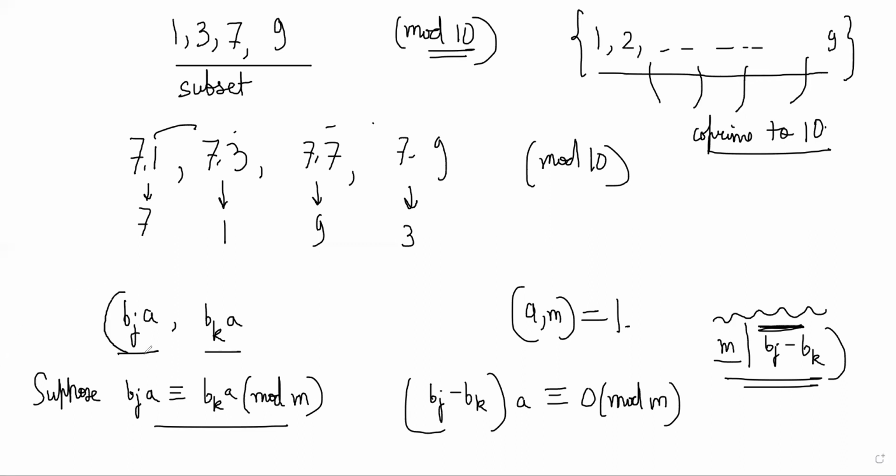We are anyway not putting those. So BJA would be one of the co-prime ones, and BKA would be one of the co-prime ones. So we are selecting 4 out of the 9 possibilities here: 1, 3, 7, 9. Now, using just these 4 and multiplying by A will give us Euler's theorem.